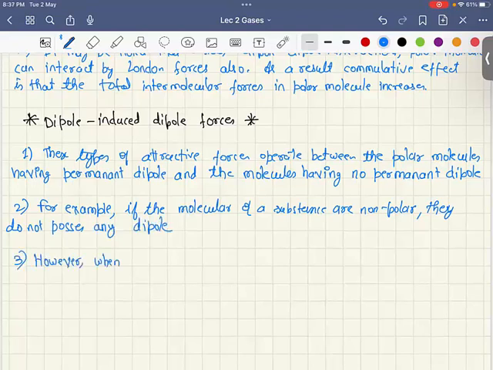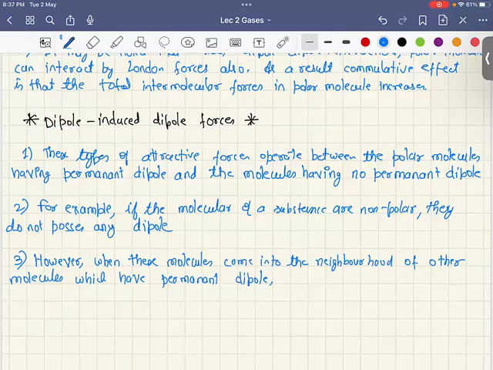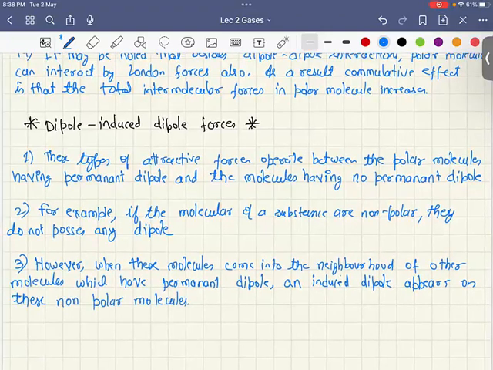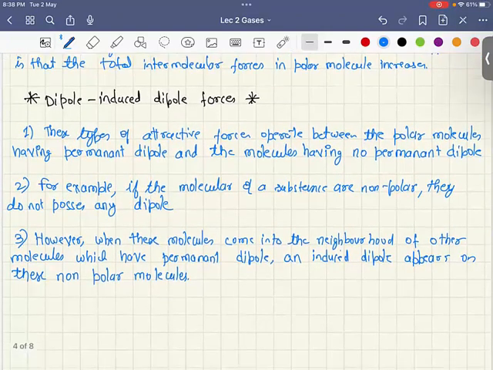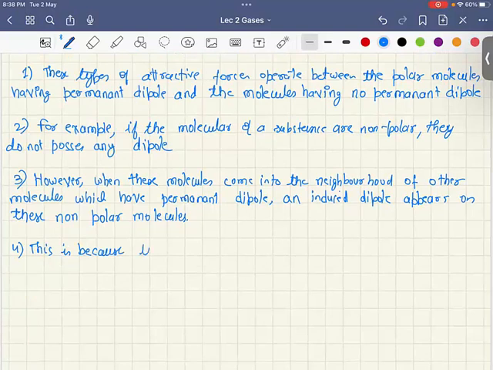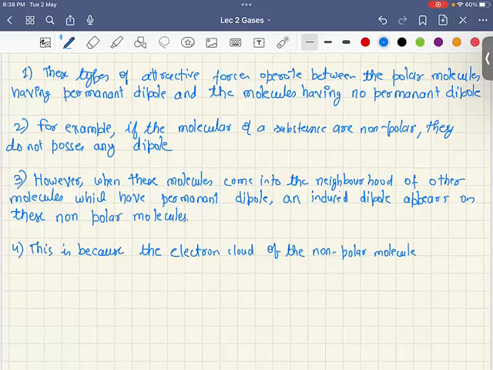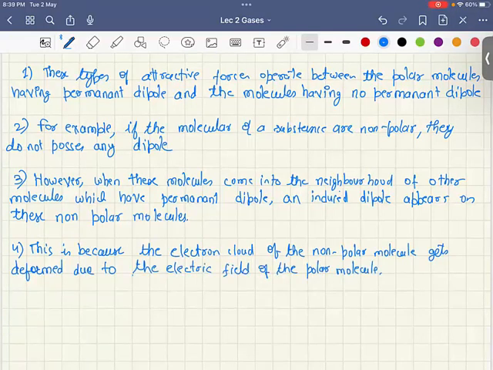However, when these molecules come into the neighborhood of other molecules which have a permanent dipole, an induced dipole appears on this non-polar molecule. Right? This is because the electron cloud of the non-polar molecule gets deformed due to the electric field of the polar molecule, right?